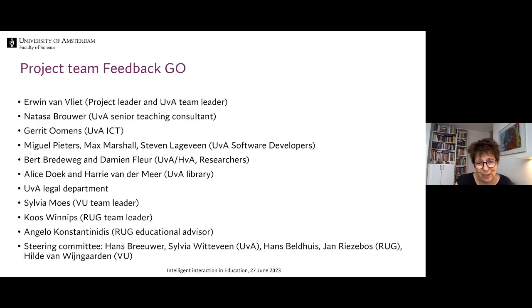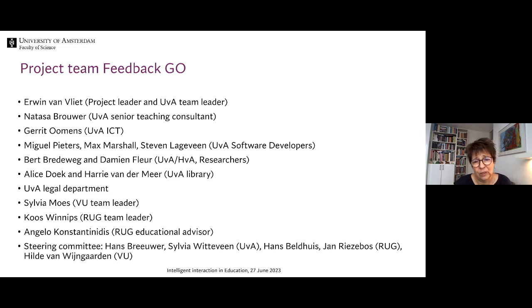This is the last slide, where I would like to show our team. The team is diverse and quite large. It includes researchers, technologists, the data privacy officer, and the ICT manager.